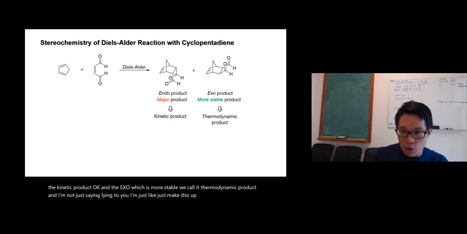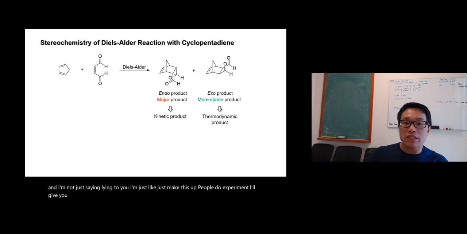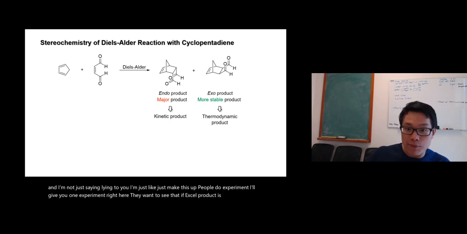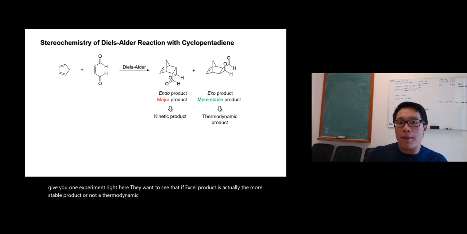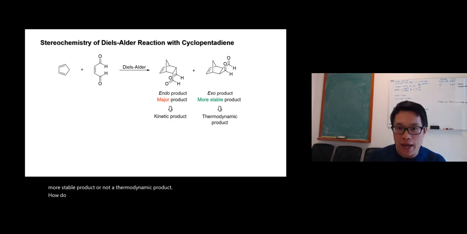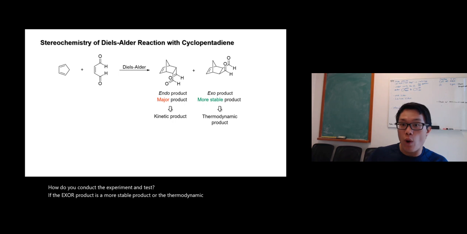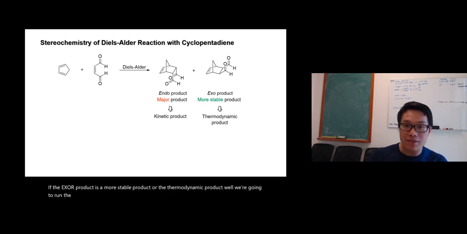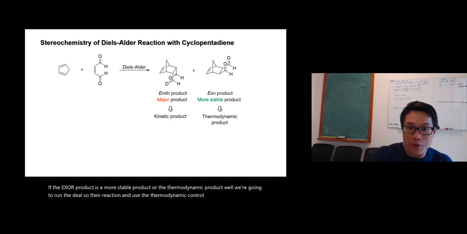People do experiments. I'll give you one experiment right here. They want to see whether the exo product is actually the more stable product, a thermodynamic product. How do you conduct the experiment to test this? We're going to run the Diels-Alder reaction under thermodynamic control and see what we get.